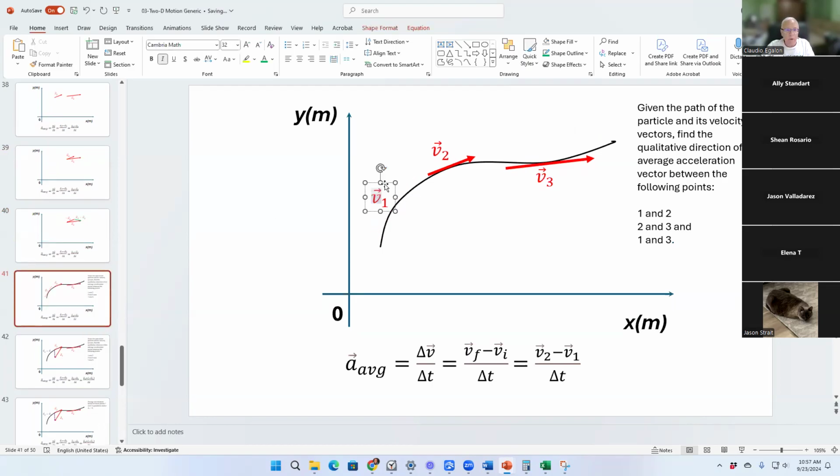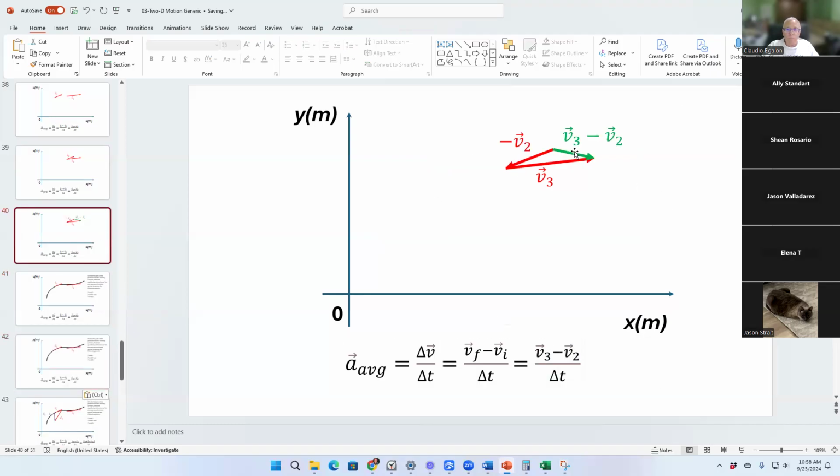V2 and V2. I don't need this one right in here. V3 minus V2. There you go.